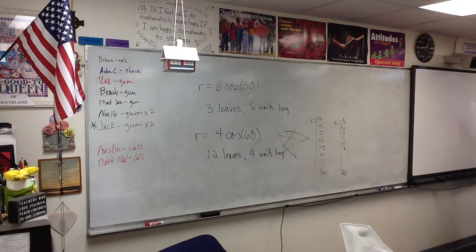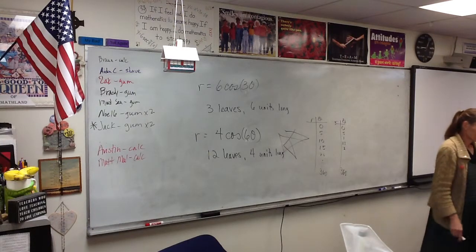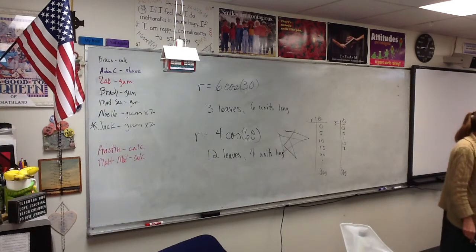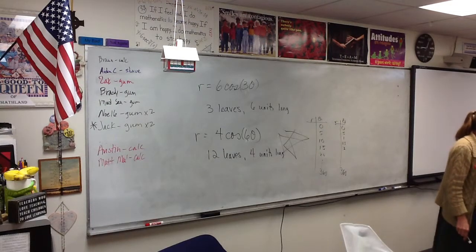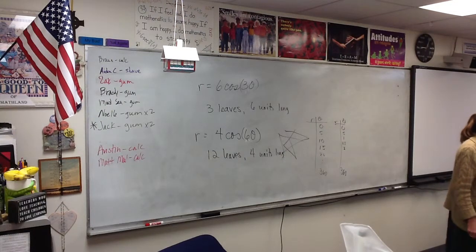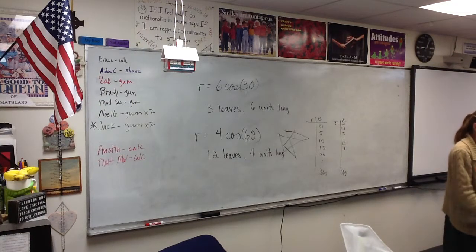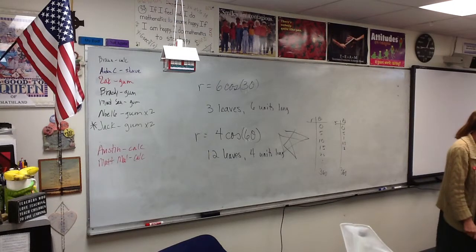The very first question on your packet for this chapter is, the equation 7 cosine 2 theta is a rose. How many leaves does it have? I expect you to be able to answer that question without a calculator.